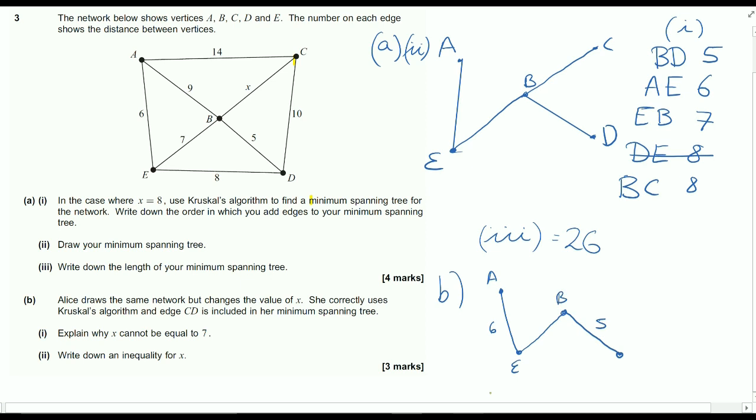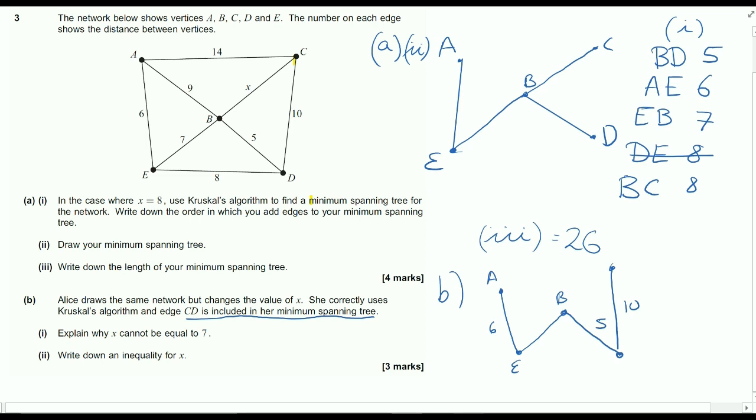Now, if x was 7, the next edge she would have to choose would be this one here to C for 7. But it says that CD is included in her minimum spanning tree. So as a result, this cannot be the one she chose, and it has to be there. So why can x not be 7?